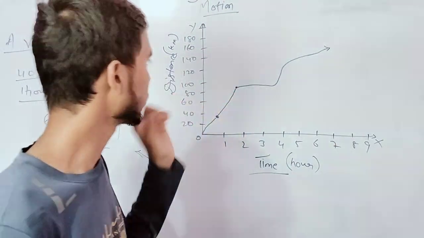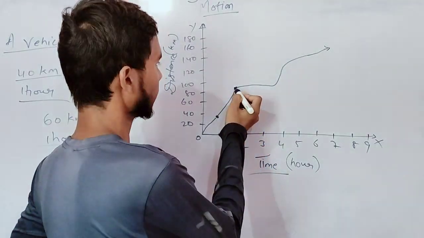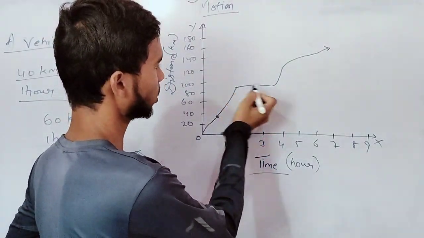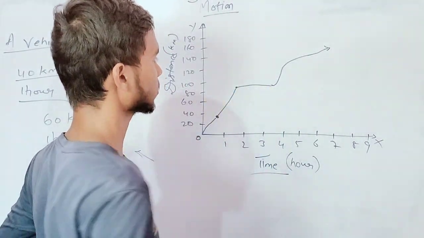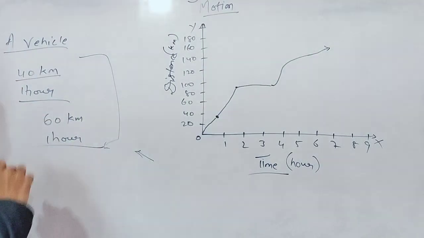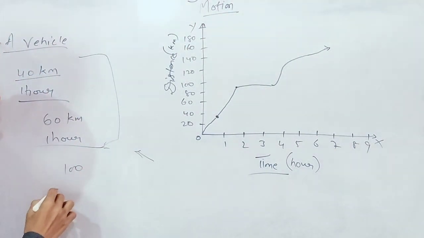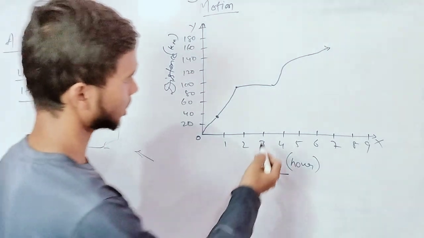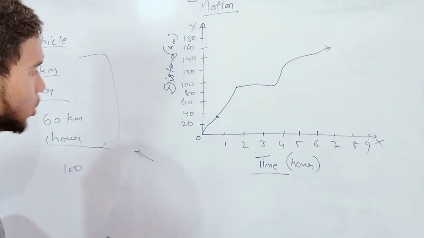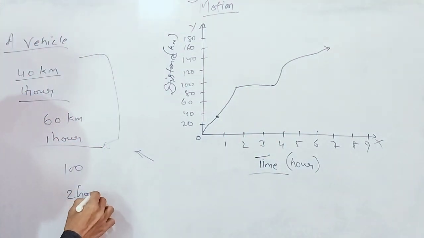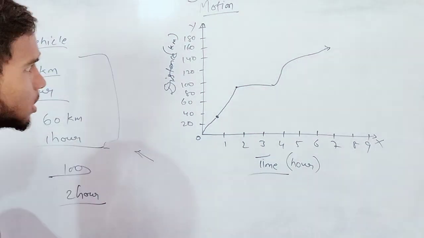So it covered from here. Now one point, not from here to here. How much did this cover? You would say 100 within, I think, 2 hours. 2 hours.